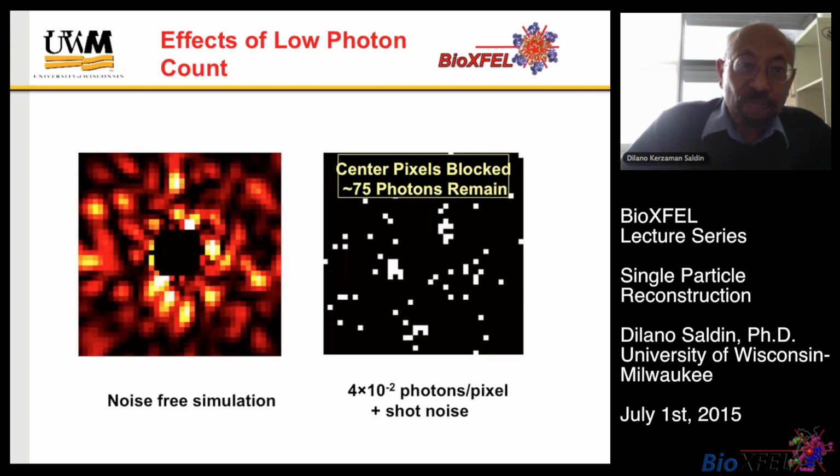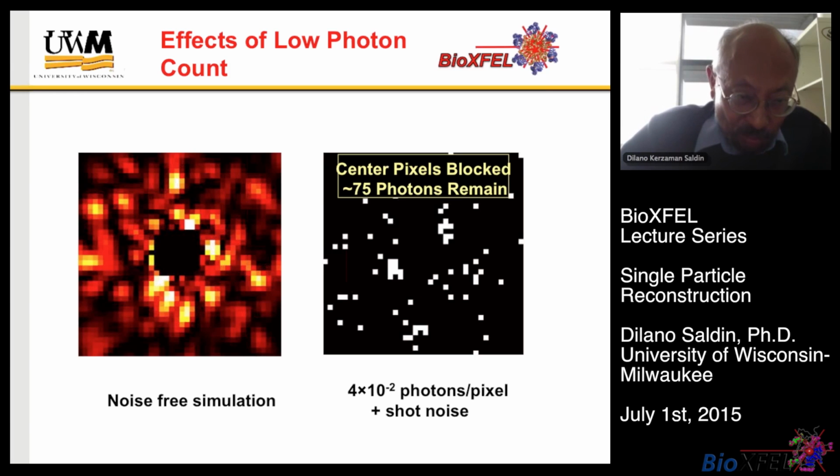Here are typical diffraction patterns. On the right, you see a typical diffraction pattern you would expect, which corresponds to about 4 times 10 to the minus 2 photons per pixel, plus shot noise.